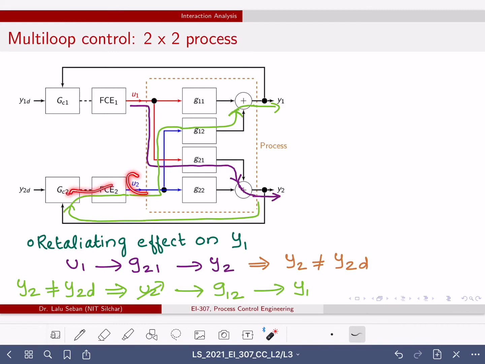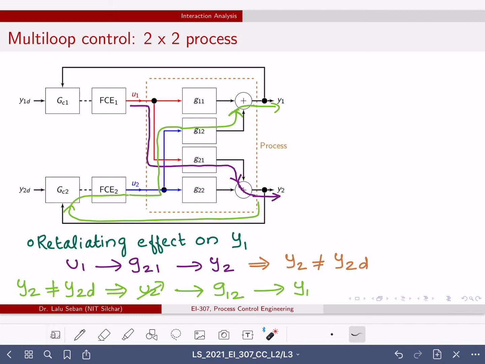The controller will change u2. So u2 will have a direct effect again on y2, good, but u2 will also have an effect on y1 through g12. So you can see that when we made a change in y1 desired, y1 got affected by the effect of both u1 as well as u2, which we call the retaliating effect.